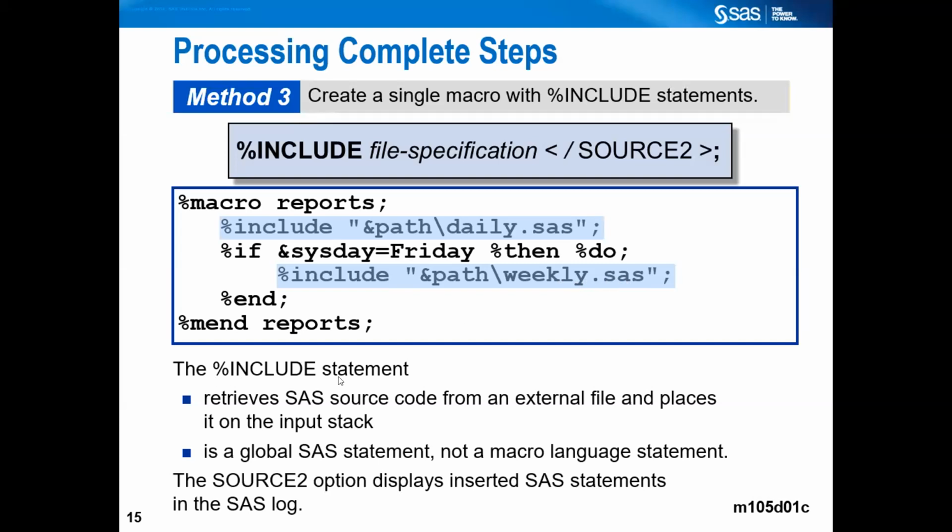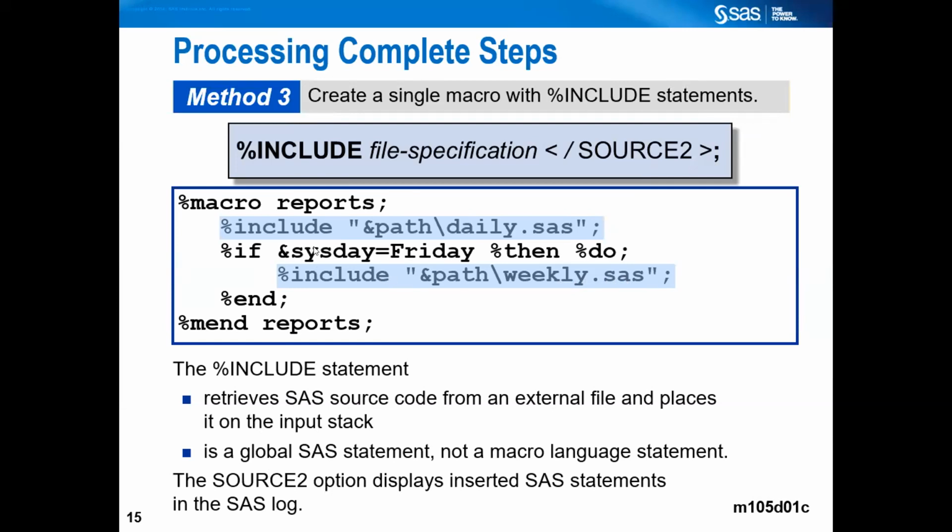What this %include statement does is retrieve SAS source code from an external file and place it onto the input stack. It is a global SAS statement, not a macro language statement. The source2 is an additional option if you want to display inserted statements in your SAS log, so you can always use it to debug.